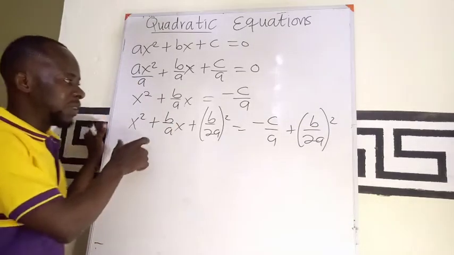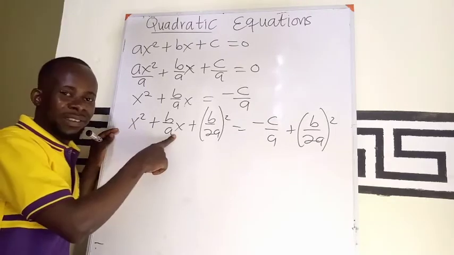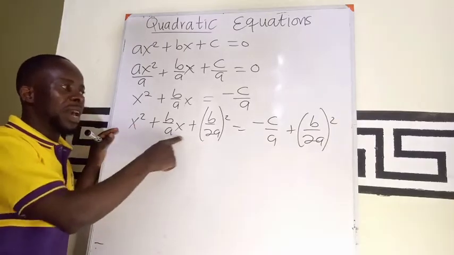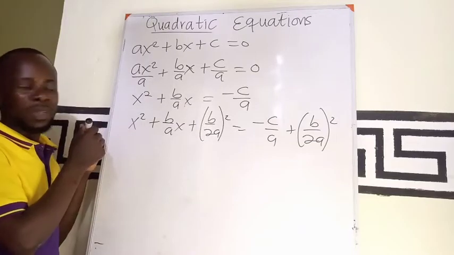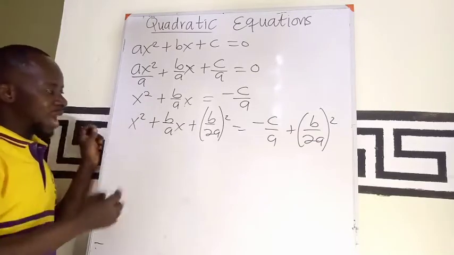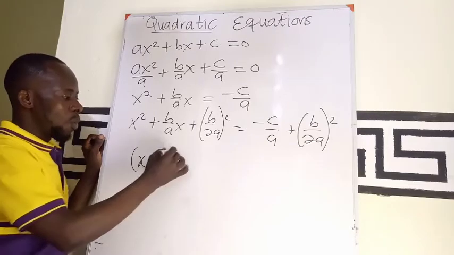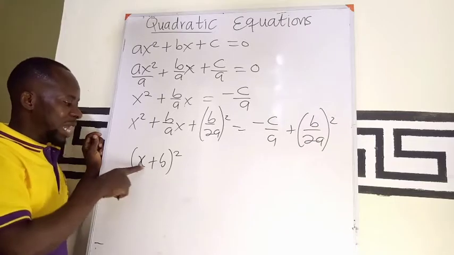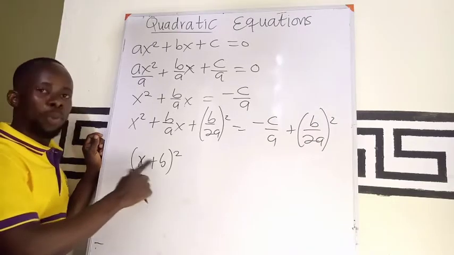Alright, if you see this, you can see this is having x squared, x, then the constant. x squared, x, and a constant. You can see this is a square, the constant is also a square. This is from a polynomial. So if I have, let's say, x plus b all squared, by polynomial expansion, we say that we square the first, which is x squared, then twice their product.